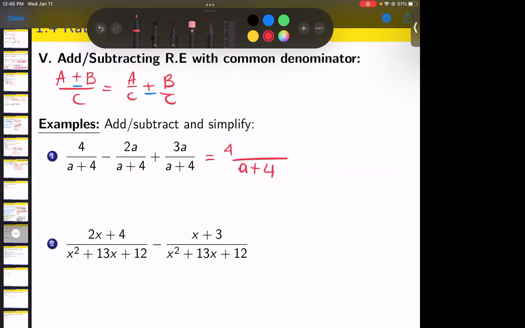And the top is 4 minus 2a plus 3a. 4 plus a. Oh, yeah, 4 plus a divided by a plus 4, which is, wouldn't that just be 1, right? 4 plus a, the same thing as a plus 4.